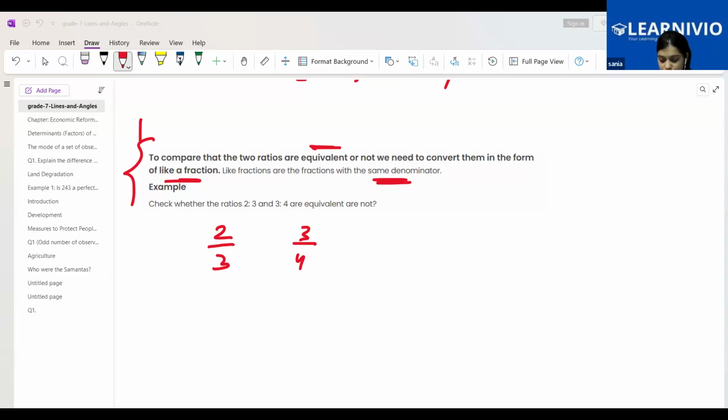Can't believe it. Ma'am, is it possible that we can have numbers like this which are somehow equivalent? Sorry? Ma'am, can we have numbers like this? Because 2 to 3 and 3 to 4 are very close to being equal.